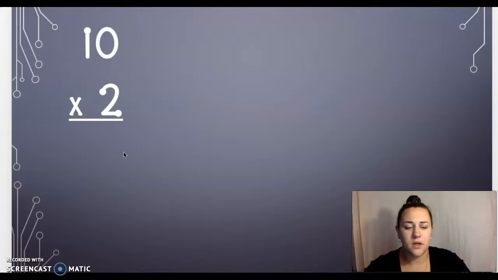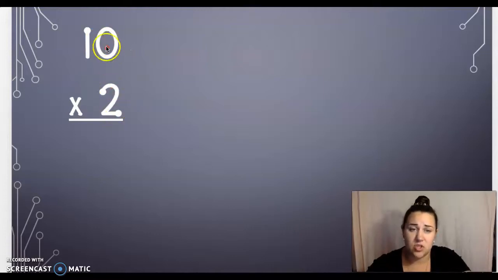So if I have my number, we have 2 down here, and 2 is going to multiply by both digits. So I start with my 1's place. 0 times 2, we know any number times 0 is always going to equal 0. And then I do 2 times 1 or 1 times 2, and I get 2.